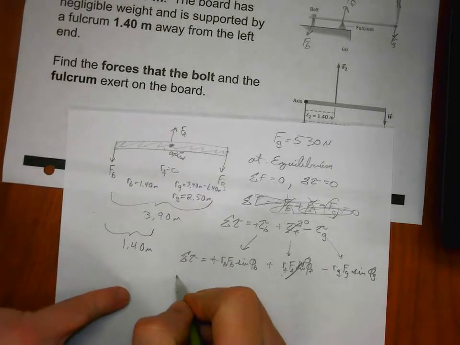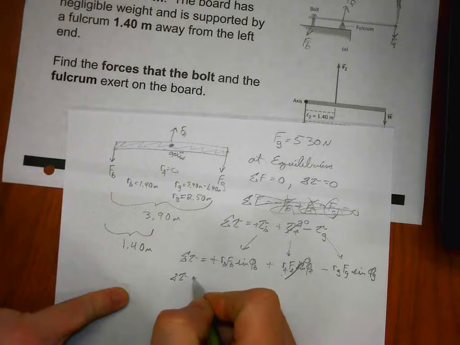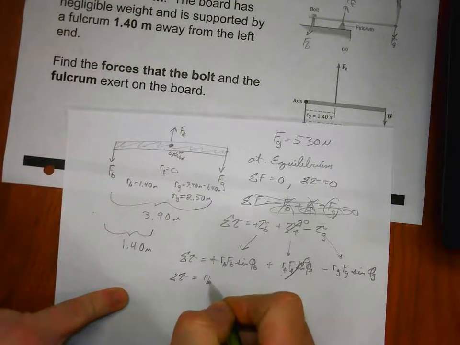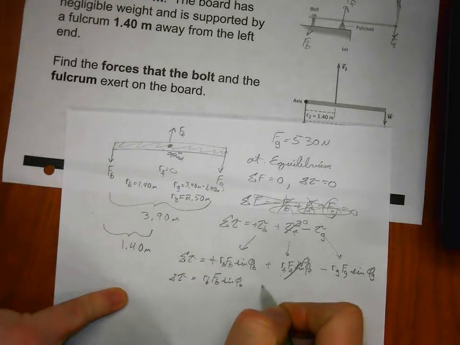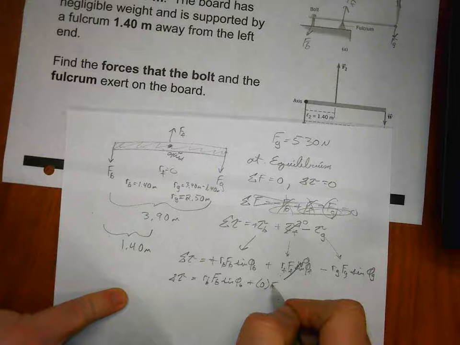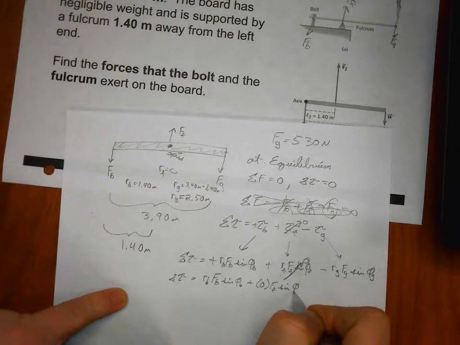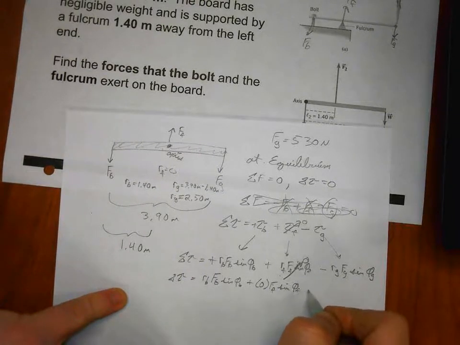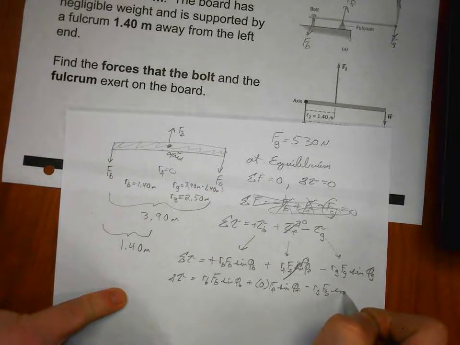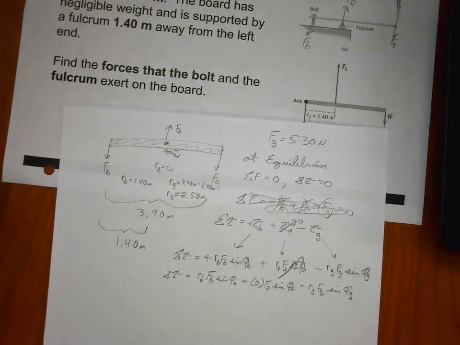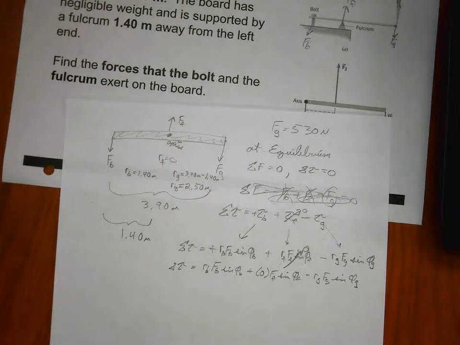So let's rewrite this. R_B F_B sine phi_B, plus 0, which is R_F times F_F sine phi_F, minus R_G F_G sine phi_G.